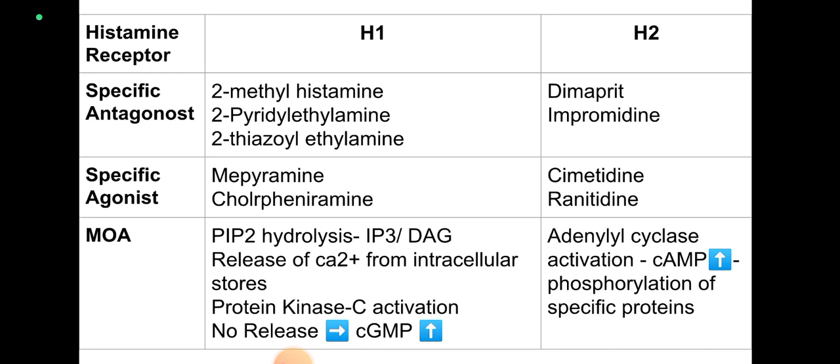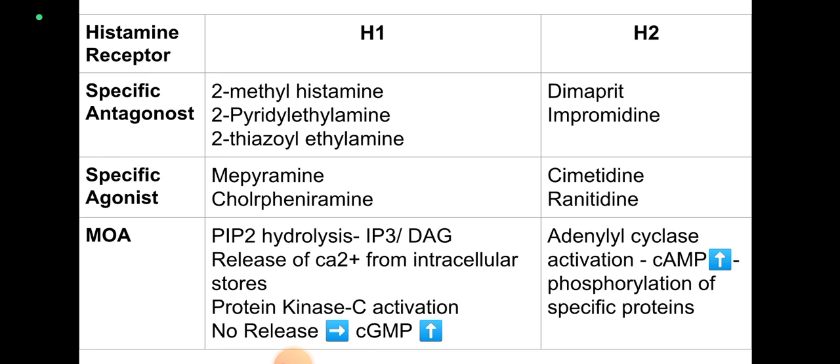Protein kinase C activation takes place. When there is an increased amount of cGMP in cells, there is release of histamine.